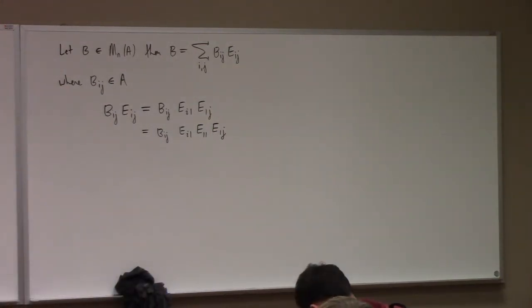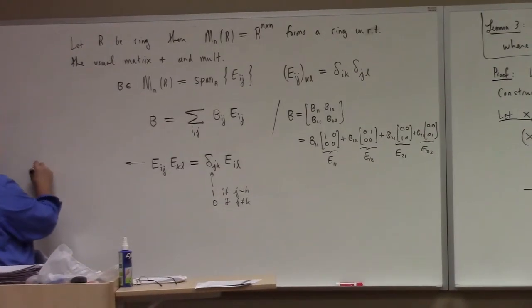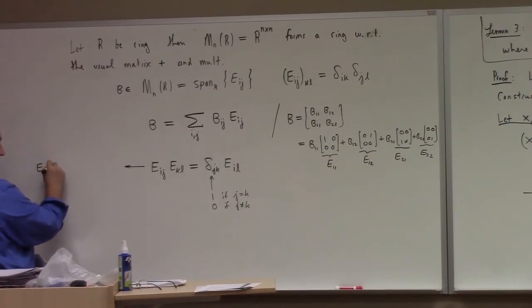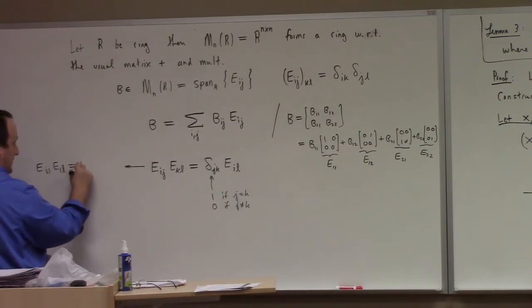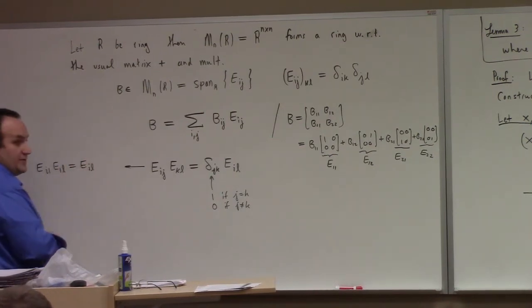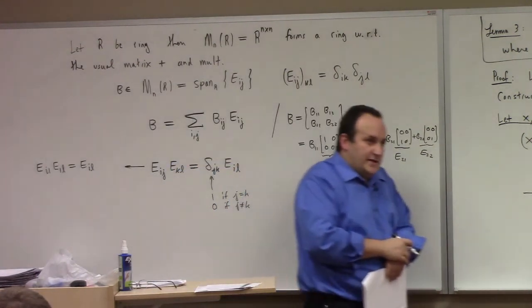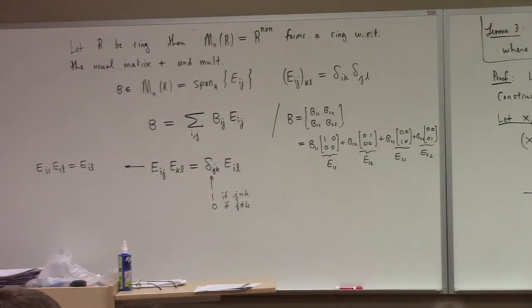All I'm doing is exploiting the fundamental multiplication identity. If you put j equals k equals 1, this gives us Ei1 E1l equal to Eil, among other things. So I'm just exploiting that identity to create an E11.